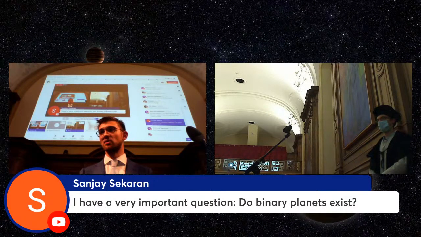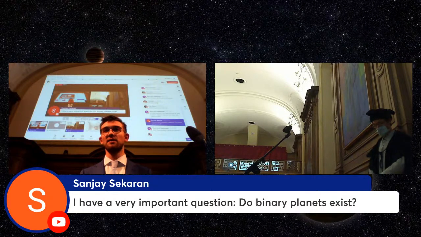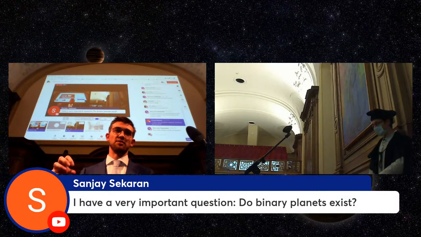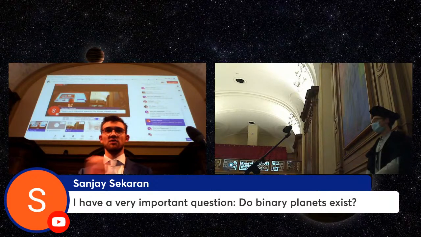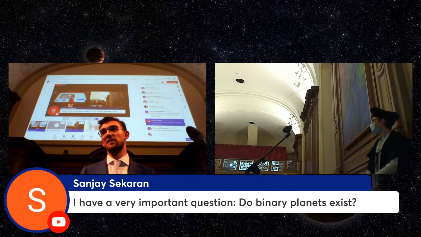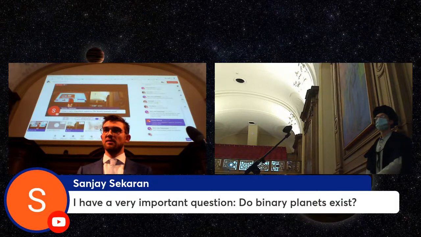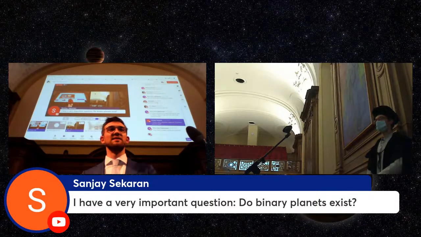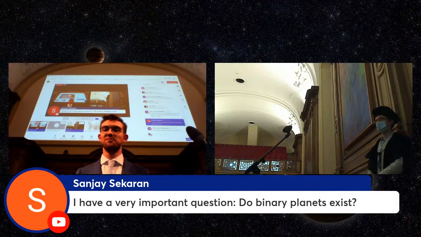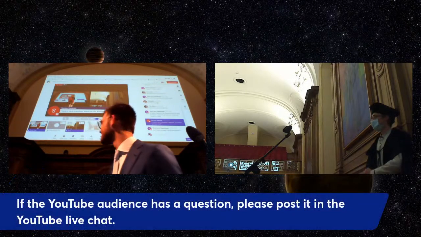For example, the largest moon of Saturn has an atmosphere. It is perfectly round in hydrostatic equilibrium. So it could actually be classified as a planet if it were on its own, but it's not. It's just around Saturn, so we call it a moon. But in principle, you can also call it a binary planet. And in that case, you can even call it a multiple system planet because there are many more moons around Saturn. So, no. Thank you.